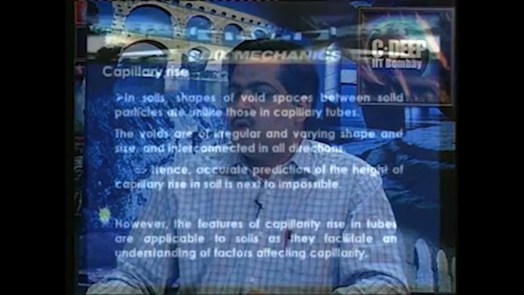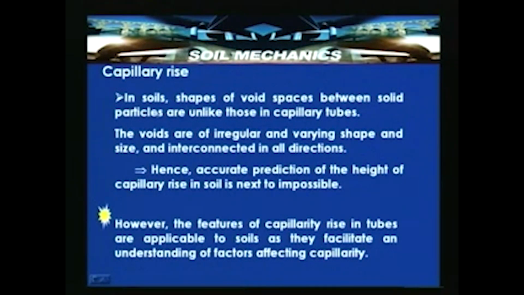In soils, the shapes of void spaces between solid particles are unlike those in capillary tubes. The pore spaces or void spaces are definitely not as regular as capillary tubes. The voids are of irregular and varying shapes and sizes and are interconnected in all directions.